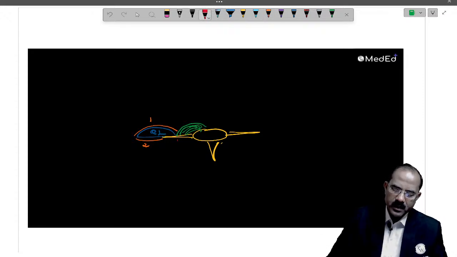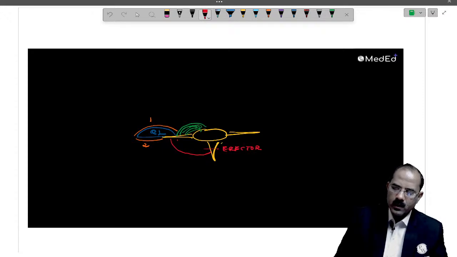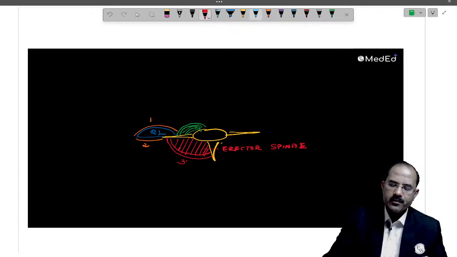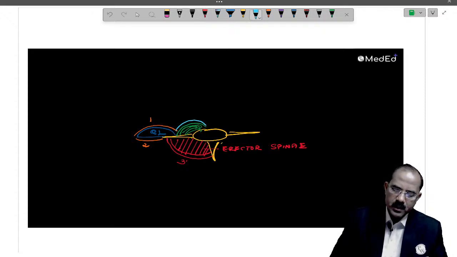And there's a muscle behind here, the erector spinae, and this erector spinae is covered by the third fascia. This psoas major is covered by the fourth fascia.